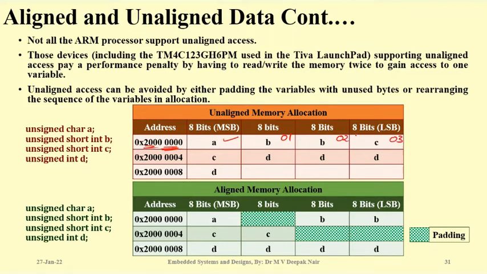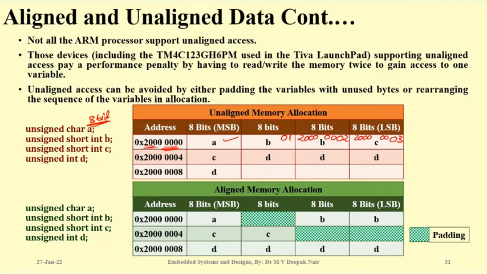Got it? Yes, sir. Okay. So A is a character, so that is 8-bit, 1 byte. So 1 byte data can go anywhere. It does not have to check whether it is aligned or unaligned. It can be stored in any memory address.